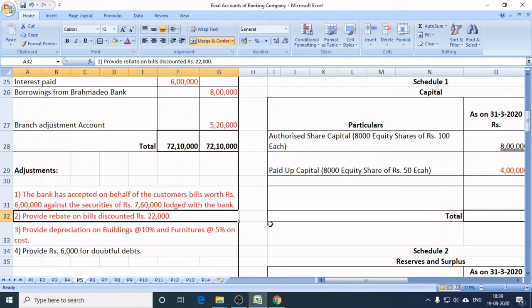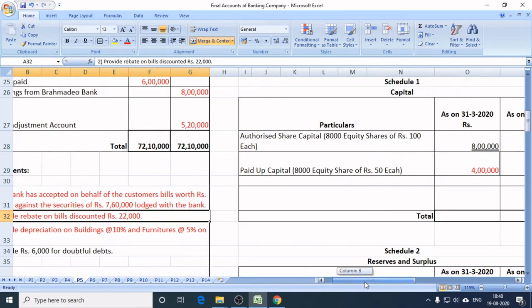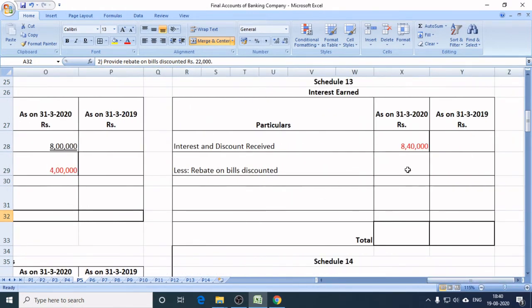So it should be deducted from discount earned, that is from schedule number 13 interest earned. We will deduct that figure from schedule number 13 interest earned, and its counter effect will go under schedule number 5, that is other liabilities and provision. Okay, therefore the first effect here, 22,000 deduct from schedule number 13 interest earned 22,000.